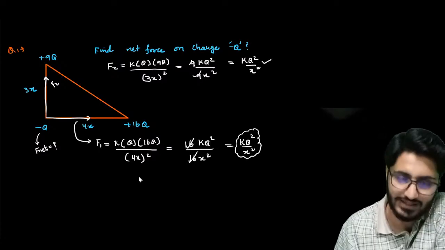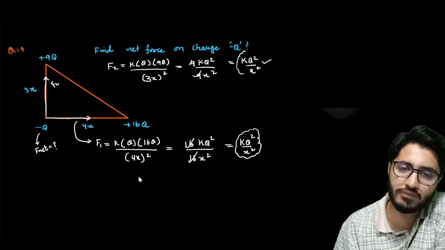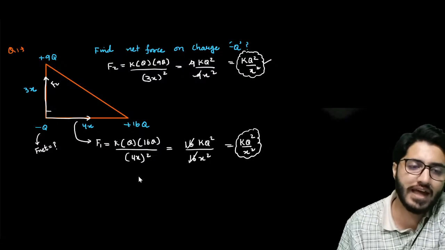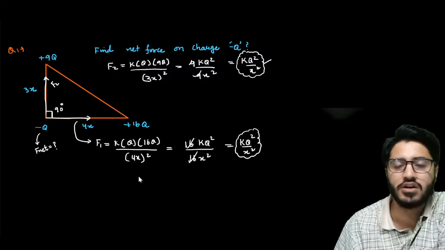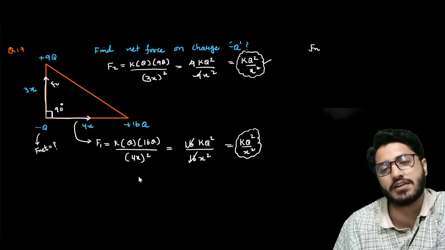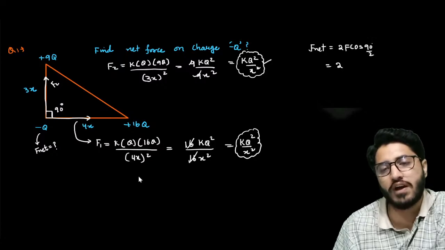So here you can see both the magnitudes of the forces are the same and the angle between these two vectors is 90 degrees. So what will be my F net? F net would be 2F cos 90 by 2. I can write 2F is equal to K Q square by x square, then we have cos 45 degree.